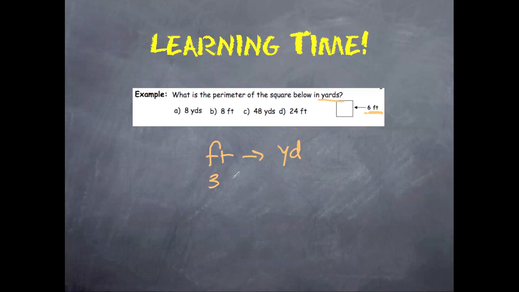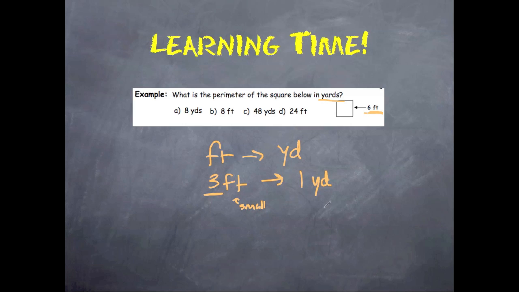So we know that 3 feet is 1 yard, and we know that the unit with the larger number is the smaller unit. So that means that feet is the smaller unit. So that means we're going from small to big.